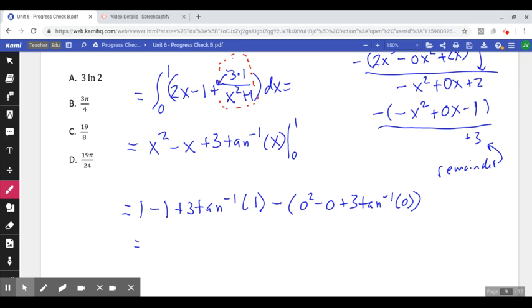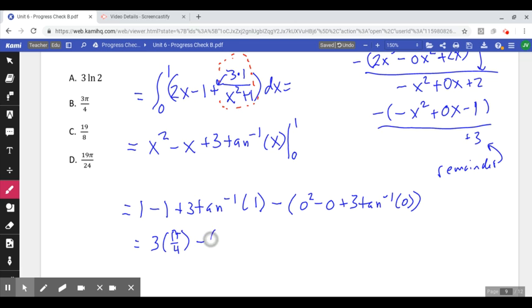So 1 minus 1 is 0, and then we have 3 times the inverse tangent of 1. Well, the inverse tangent of 1 is the angle that has a tangent of 1, which happens to be pi over 4. Pi over 4 is a 45-degree angle if you're thinking in terms of degrees, and each one of the legs of a 45-45-90 triangle is the same. So when we divide opposite over adjacent, or y over x, we wind up with 1.